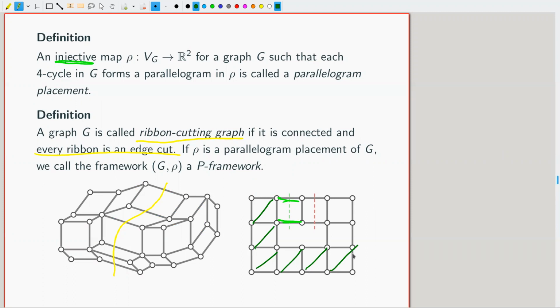Here, if I fix this first column and first row, basically it's like fixing this distance. But here I have a 4-cycle that is not a parallelogram, so it behaves totally differently than in the case of the full frame.